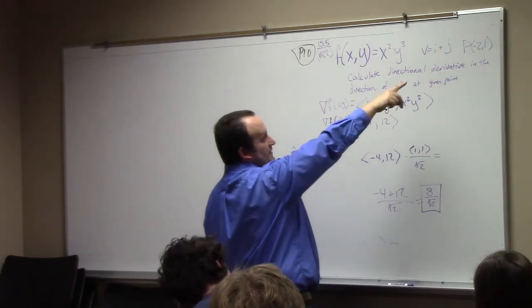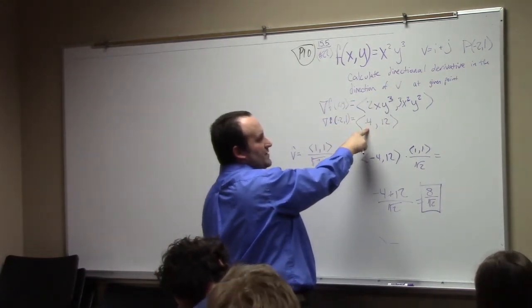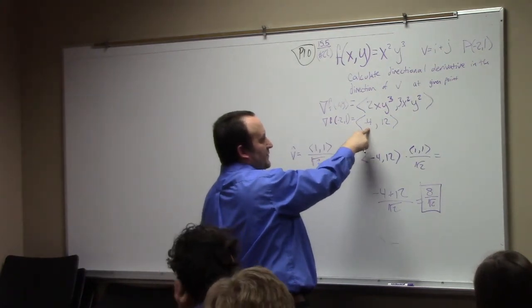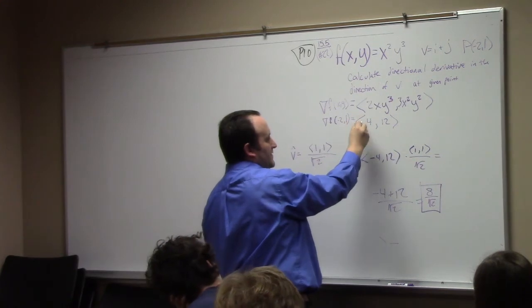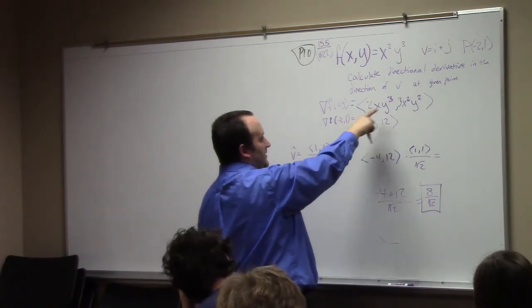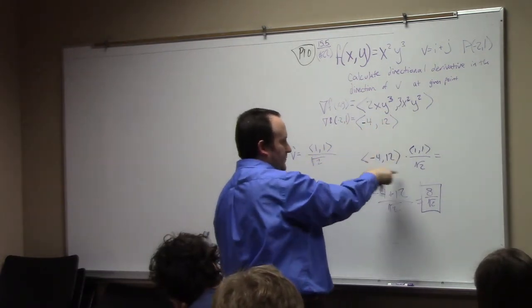Plug in the point of interest, minus 2, 1, into the gradient. That gives me 2 times minus 2, which is minus 4, 1 cubed, which is 1, minus 4. Good. Minus 4, and then 12. 3 times 4 is 12. Very good.